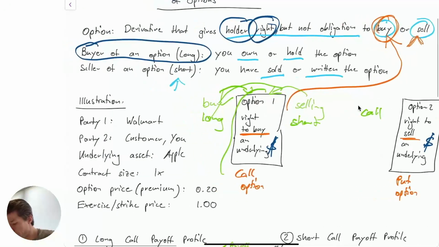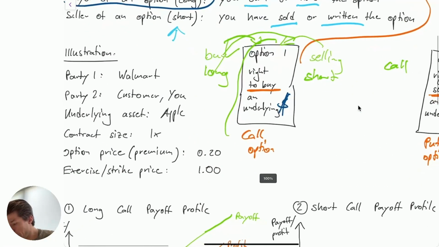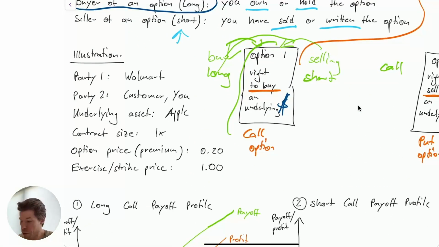So if you are the owner of the document, let's say the call option, then you have the right to buy an apple for $1. There's a difference when you are allowed to do it, at maturity or before, but let's simplify. If you're the owner of option 1, then you can buy the apple for $1 at any time.